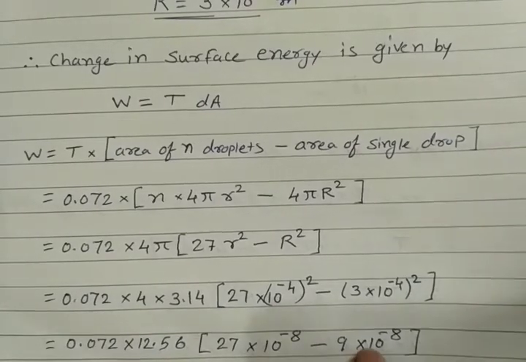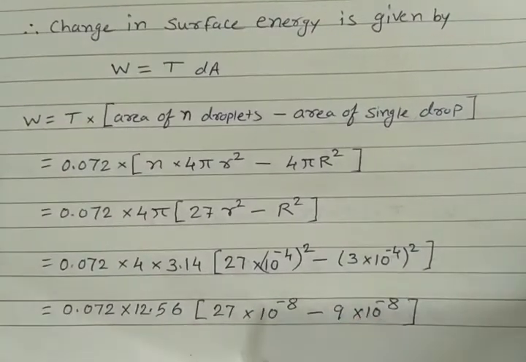and solving this. So 4 into 3.14, the value of pi I have taken as 3.14. So 4 into 3.14 is 12.56. 10 raised to minus 4 square is 10 raised to minus 8 and 3 into 10 raised to minus 4 square is 9 into 10 raised to minus 8.